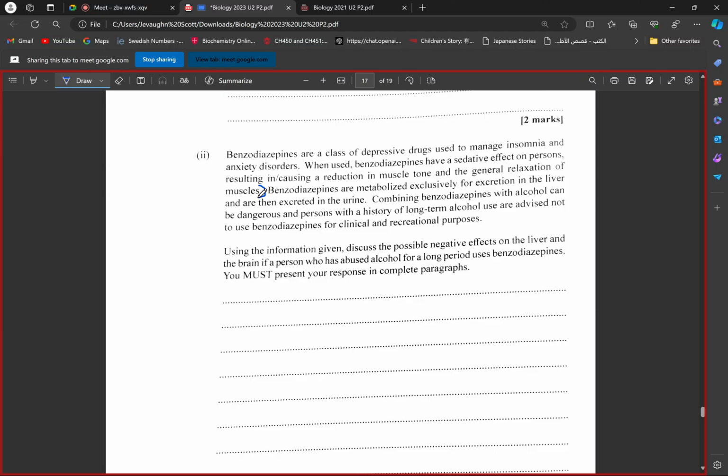Go ahead. I was going to say the sedative effect. We know that the sedative effect basically inhibits the nervous system, so would that have an effect on the brain as well, from the drug?